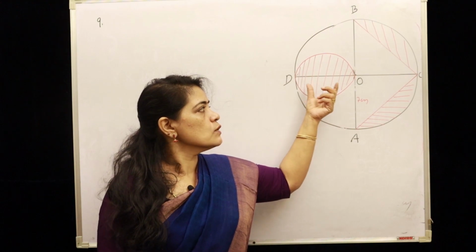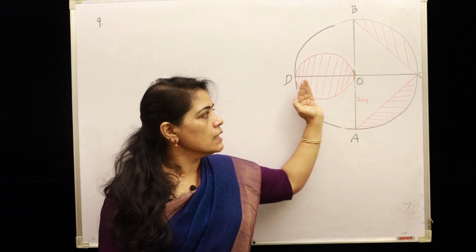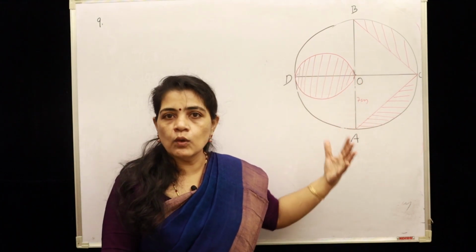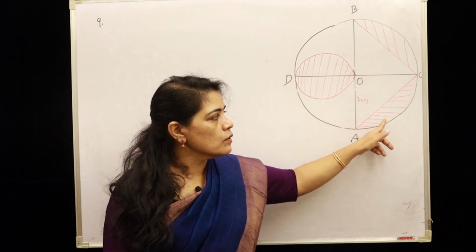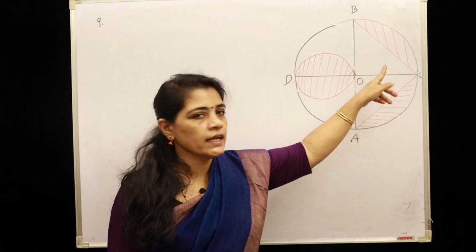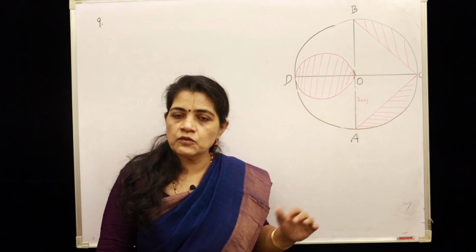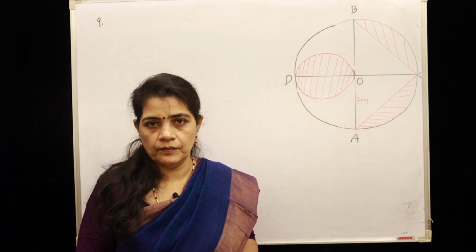Since OD is the diameter, this CD divides this AB equally. Also this region and that region are shaded, and it is very clear those are the segments of the circle.